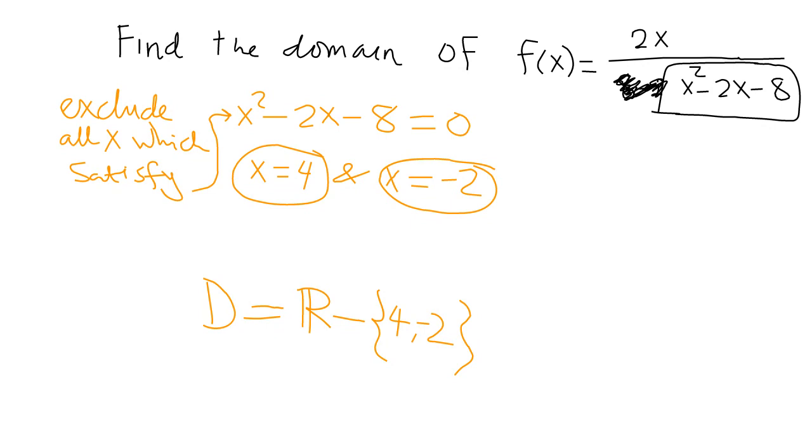So this is the domain of this function. What about if we combine both cases? If we have a radical, but at the same time we have a fraction, something like this.